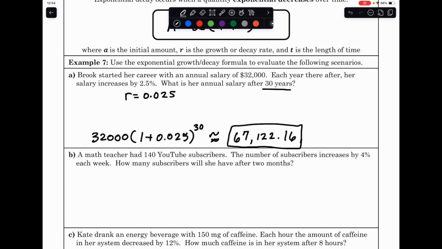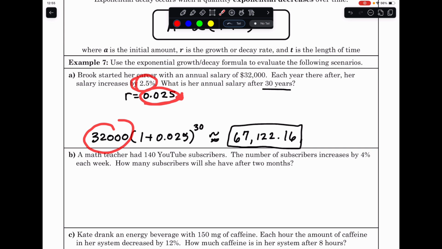Okay, so the concept again is the same. So start off with her $32,000. She's going to earn 2.5%. So if I multiply this amount with 2.5%, or this number right there, that's going to tell me how much extra money she's going to earn the next year.